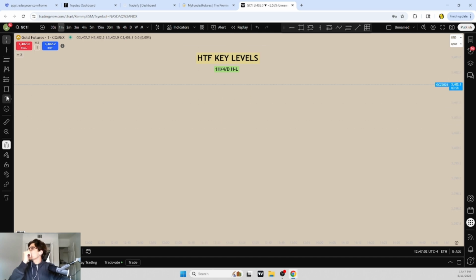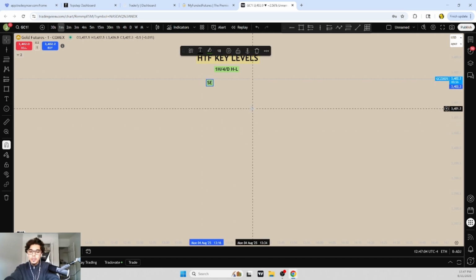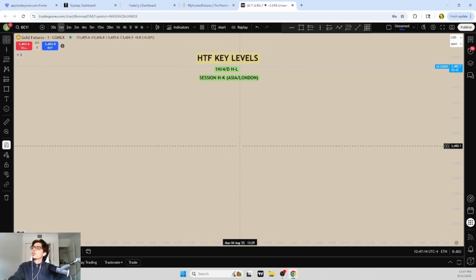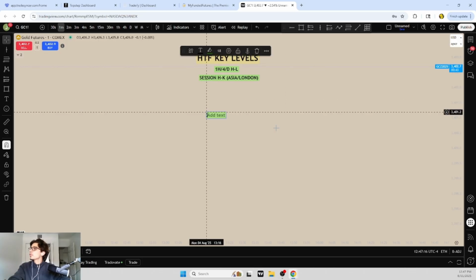What else are our key levels? Session highs and lows, which is going to be Asia and London. That's all we're really worried about, okay? That's also another high time frame key level. And then what else?